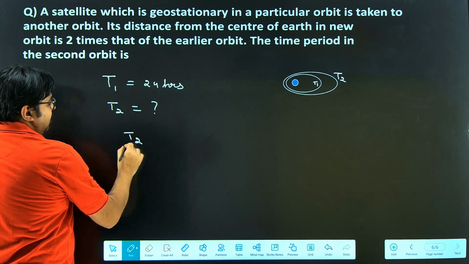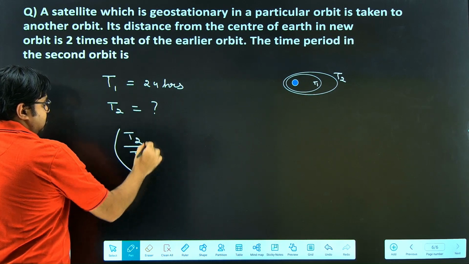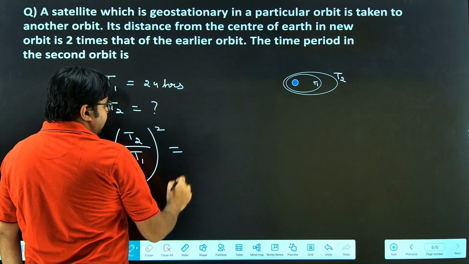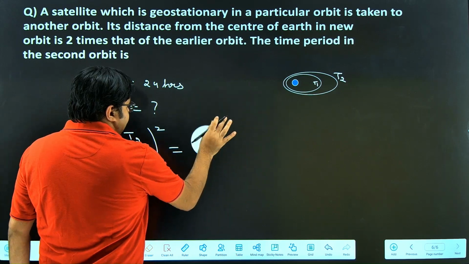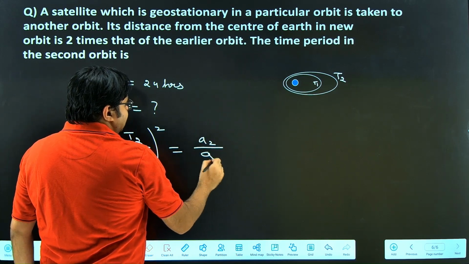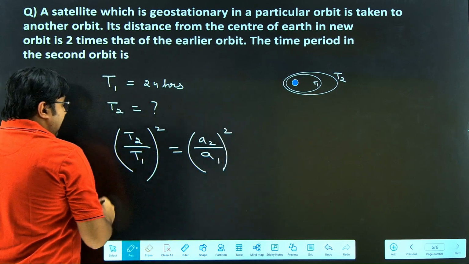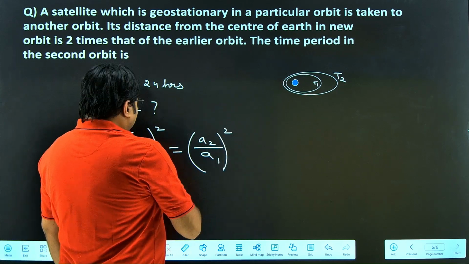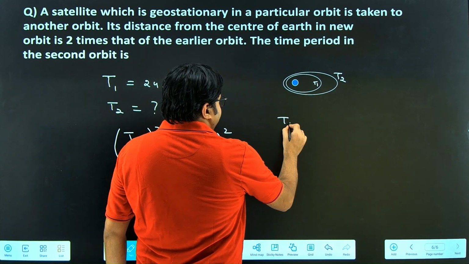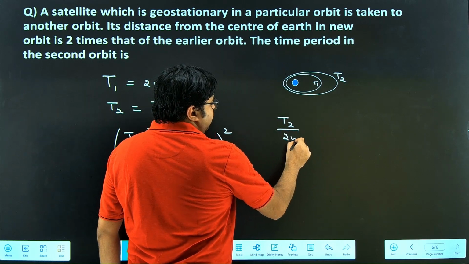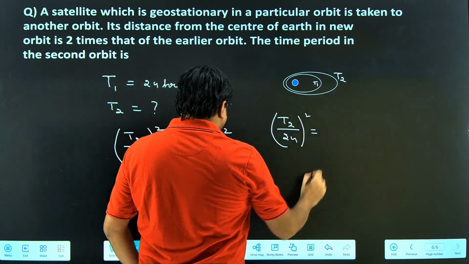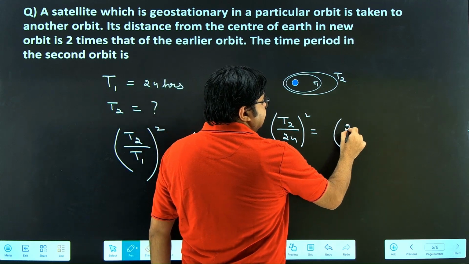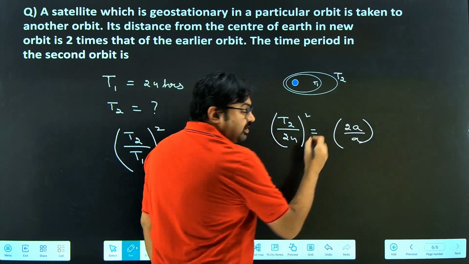You have Kepler's third law already at rescue. So we have (T2/T1)^2 = (A2/A1)^3. So what do you have? Well, T2 has to be figured out, divided by T1 which is 24 hours, the whole square, equal to the radius in the second case, which is twice that in the first case, the question says.